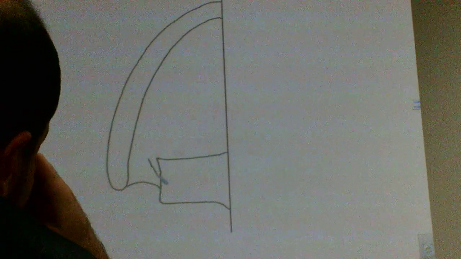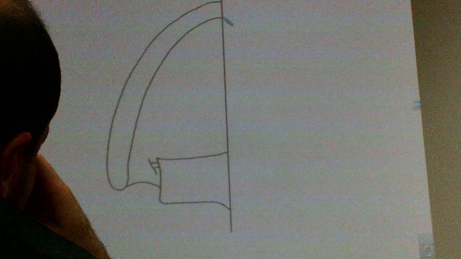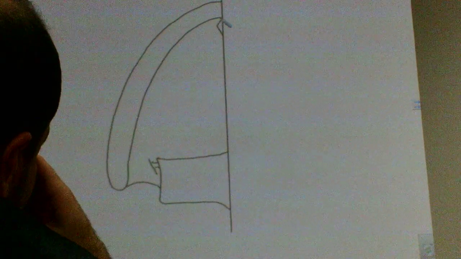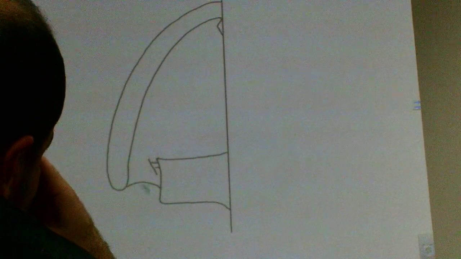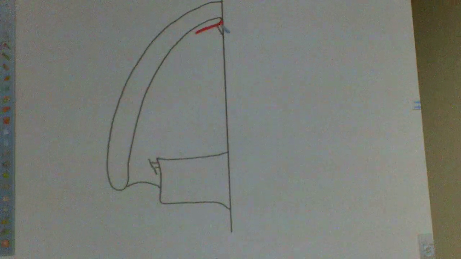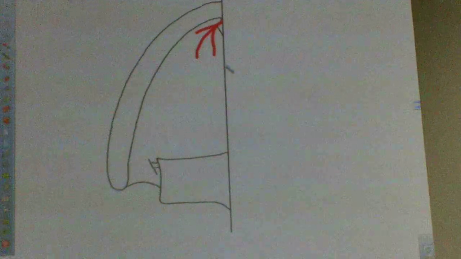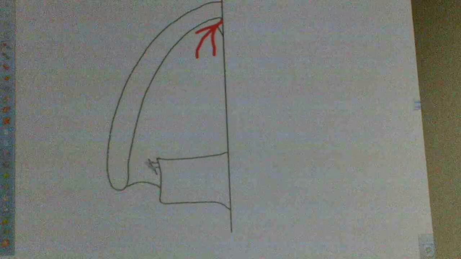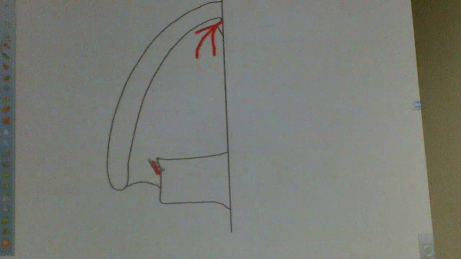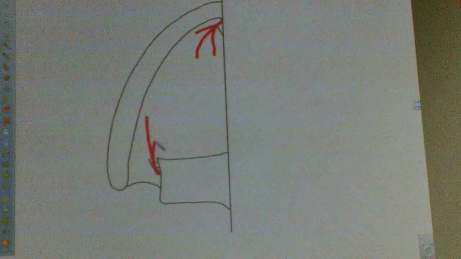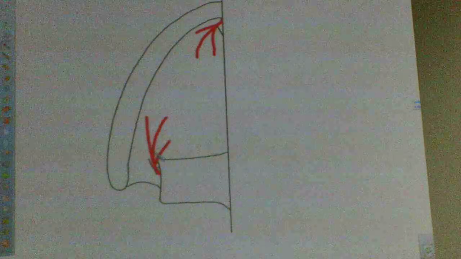And we will now follow this artery, which is at the beginning inside the bone, and when it is coming ventrally, it will become situated between the bone and the sinus mucosa.